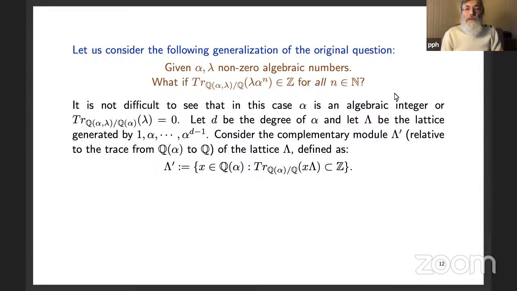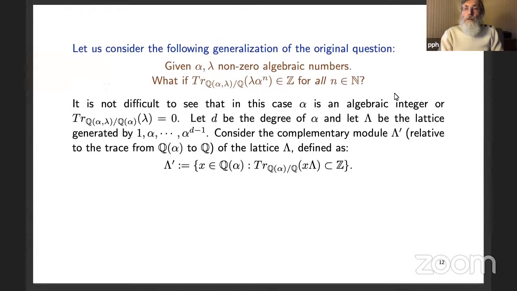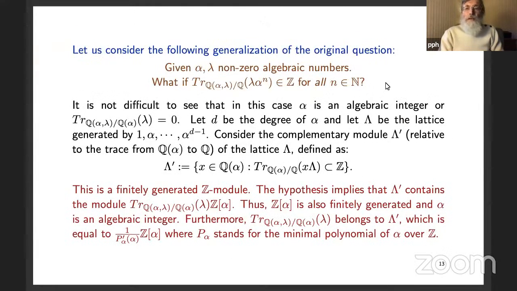This is the set of x in Q(alpha) such that the trace of x multiplied by any element of Lambda is integral. And now we make a few remarks on this Lambda prime. First, it is a finitely generated Z-module. Actually, it is generated by the dual basis of 1, alpha, up to alpha to the d minus 1, dual with respect to the trace from Q(alpha) to Q.